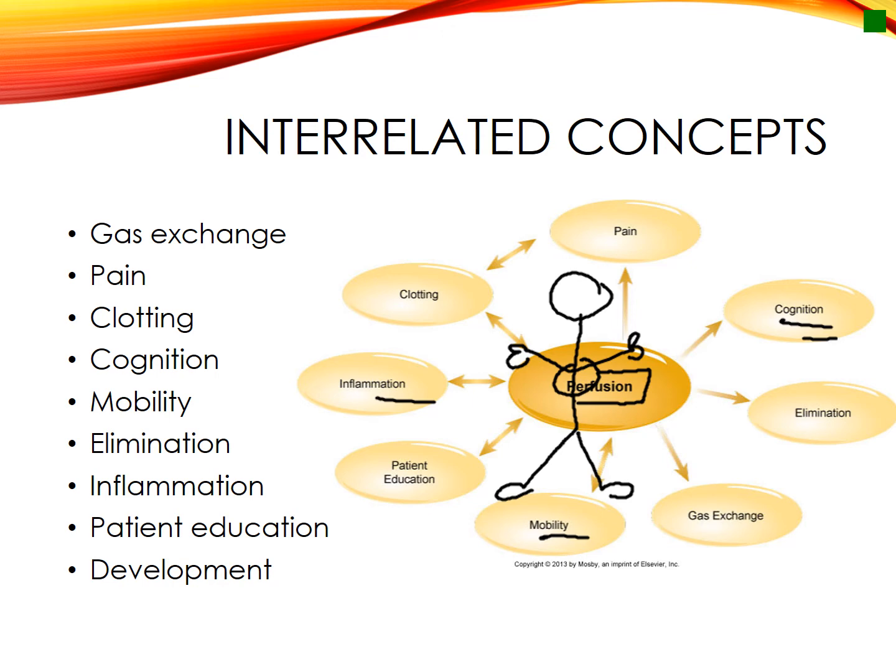So when we're talking about perfusion here, how does inflammation and mobility and cognition, how does any of that go with perfusion? Work on answering those questions. Use that as a study time or with your classmates to think about how the concepts interrelate to make the whole person cope with one type of issue.